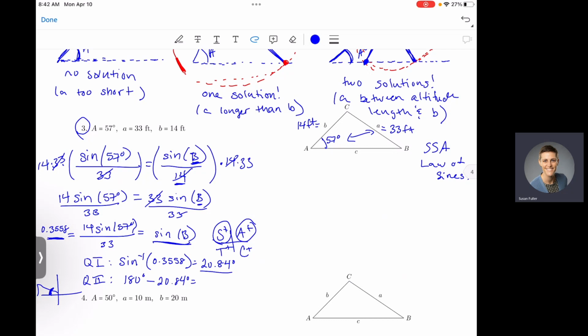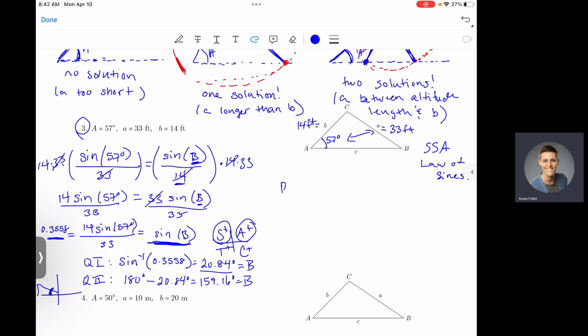And so 180 degrees minus 20.84 degrees gives me 159.16 degrees. Those are my two options for angle B. Again, when I take the arcsine of that ratio, these are options for angle B. I've got two solutions, and I've got to see them both through.